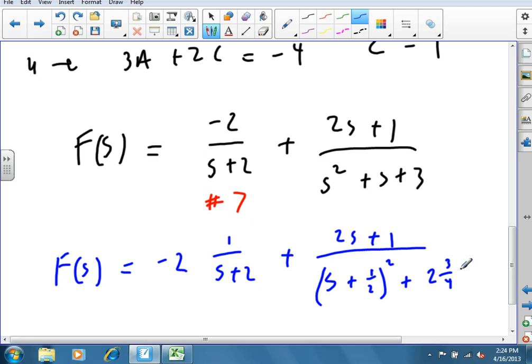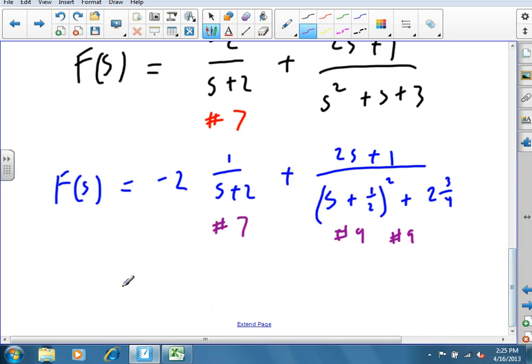So now, this guy is number 7, and the other guy looks like 9 and 11, number 9 and number 11 combined. So I'm going to rewrite this guy as minus 2 times 1 over s plus 2, plus.